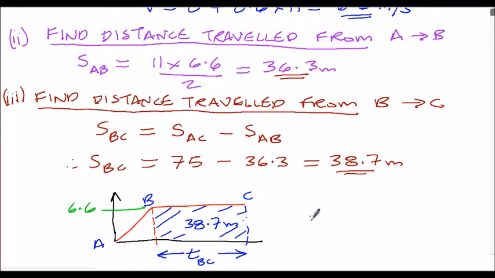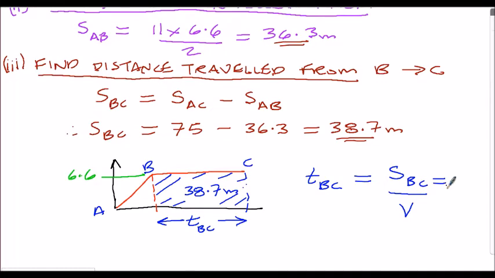So to find the time taken, it will simply be the area, and I'm going to use symbols here, that would be the distance, B to C, divided by the height in this case, which would be the velocity, V. If you want symbols, that's what the symbols would show you. Then that will be my 38.7 divided by the velocity, which was 6.6.